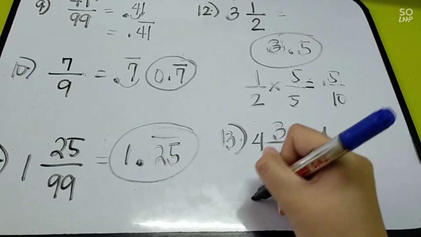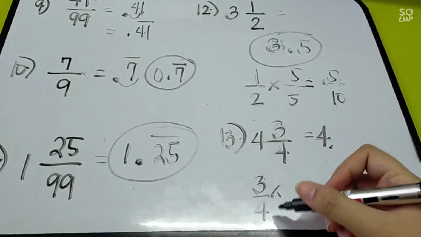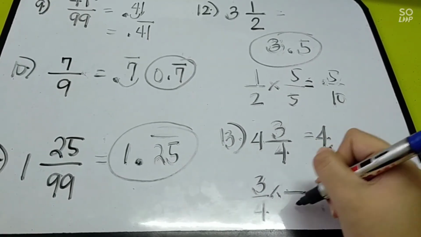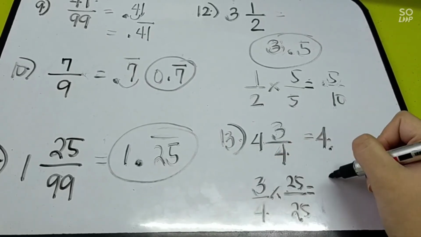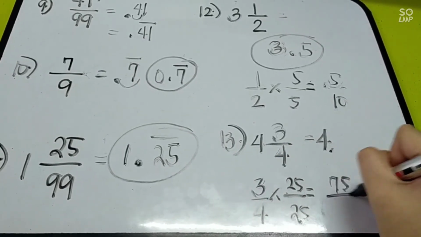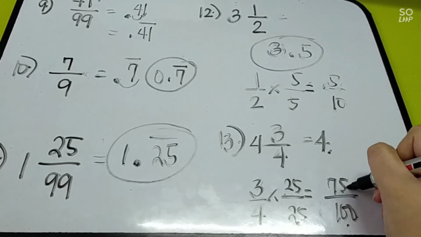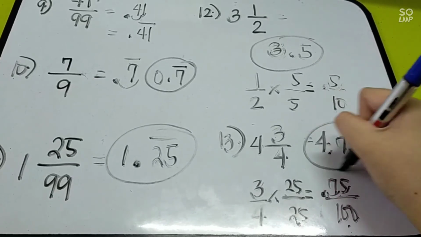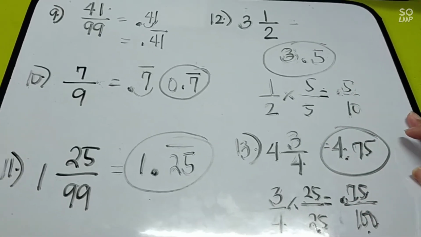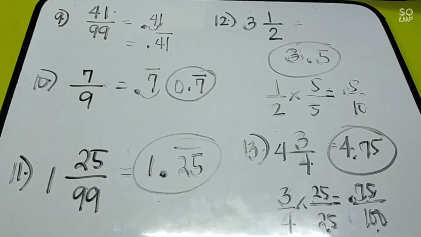So, si 3 over 4, think a number mo, multiply mo, hindi siya pwede maging 10, sa 100. So, you have here 25 and 25. So, 3 times 25, that is 75 over 100. So, since dalawang 0, move mo lang 1, 2. So, just write here 75, 4.75. We're done. Okay? So, that is how will you convert fractions into decimals.